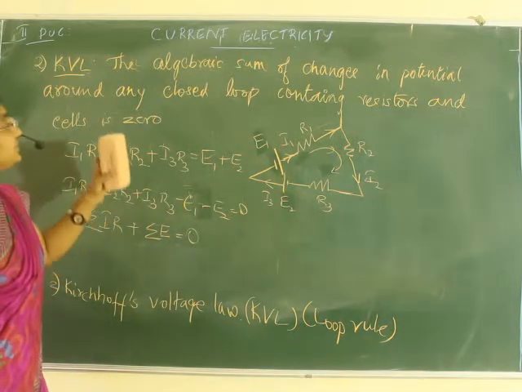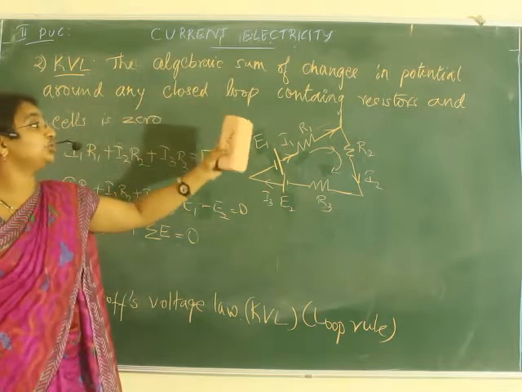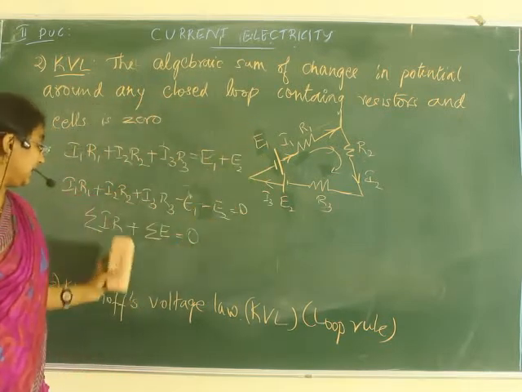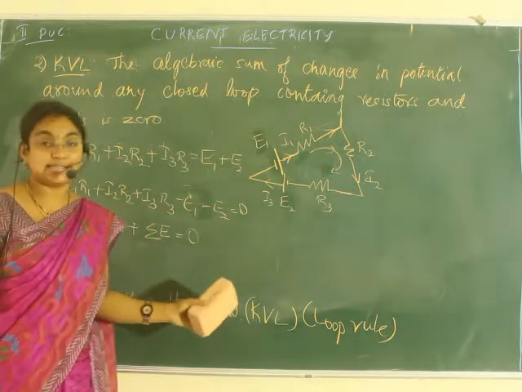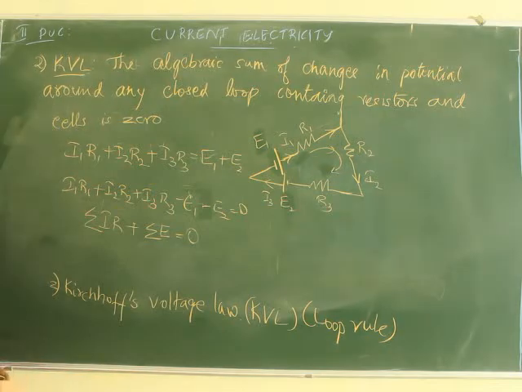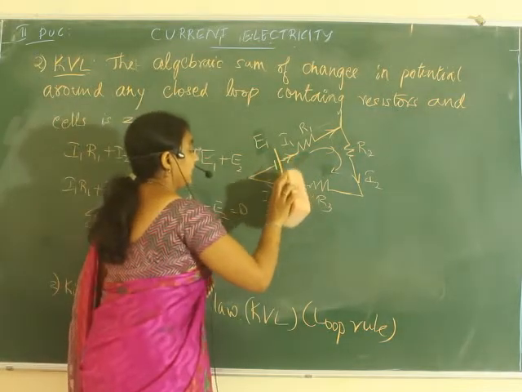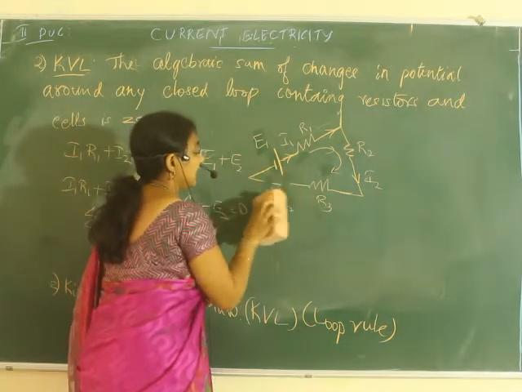Sum of the changes in potential around a closed loop containing the resistors and cells is nothing but 0. Understood? Now look here, instead of this, I'll change this. Okay, we will draw it like this. Now see the direction.